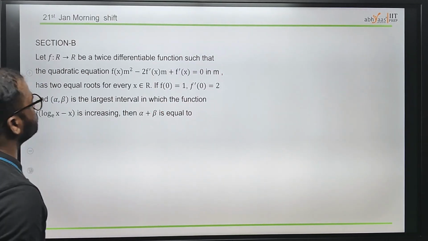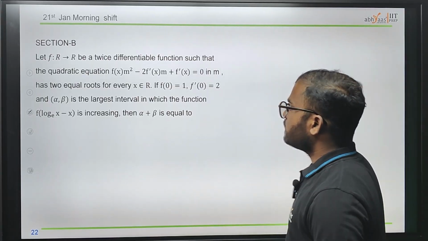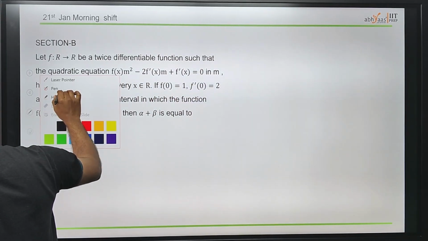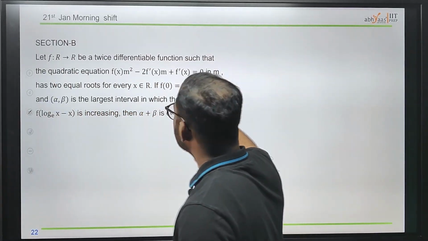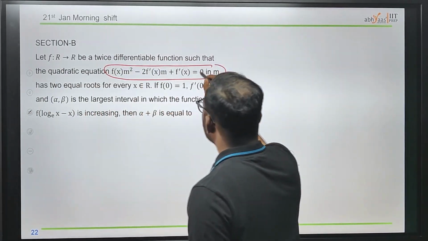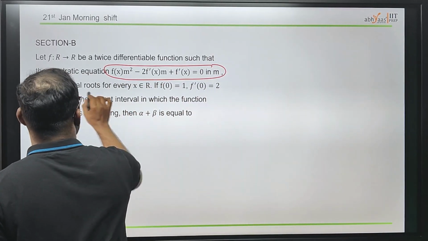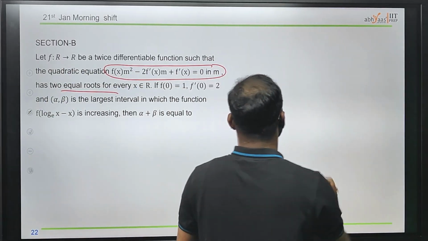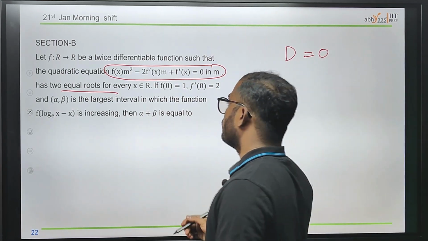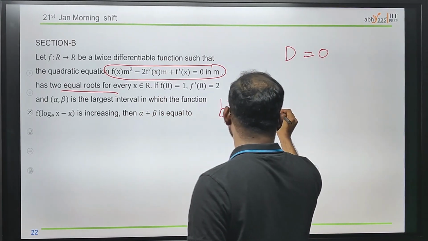If we see the next question, it is based on the differentiable function, which is section B, which is NAT. We have here a differentiable function such that the given quadratic equation has two equal roots. Since it has two equal roots, that means the discriminant is equal to 0, so b square minus 4ac is equal to 0.